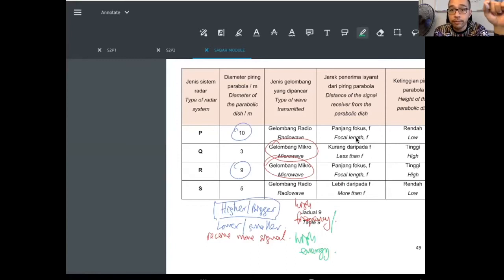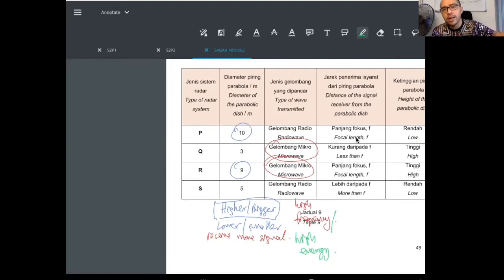Very important. Radio waves are not so good, especially because radio waves are more for longer distance communication. We use radio waves because they have a bigger wavelength, able to travel far.